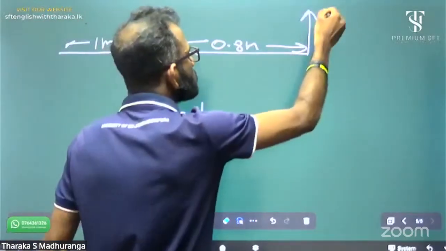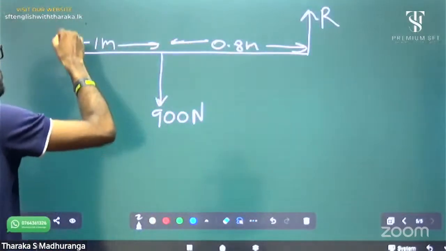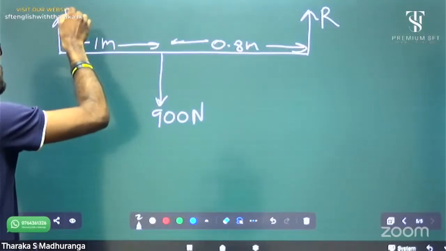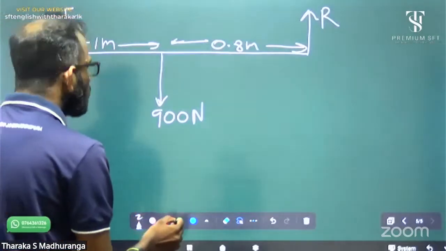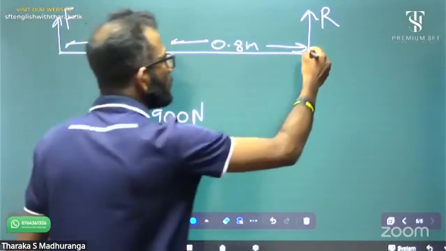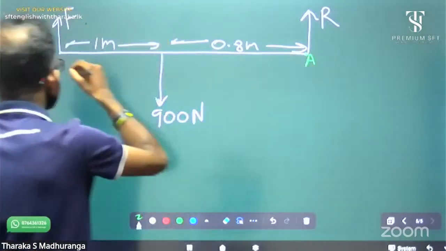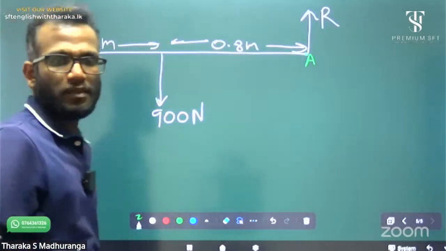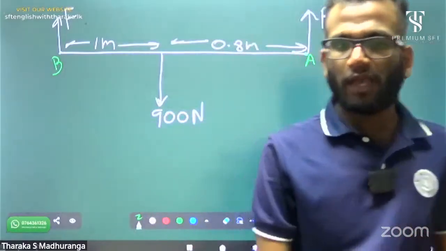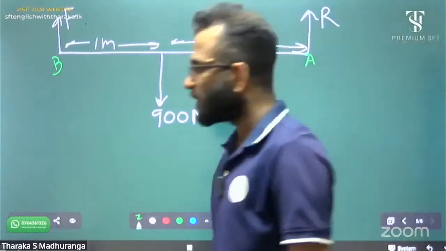This is R, this is F. Let this be point A and this be point B. First I want to find F and R.